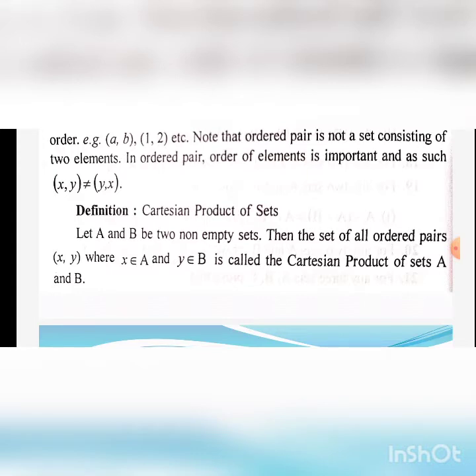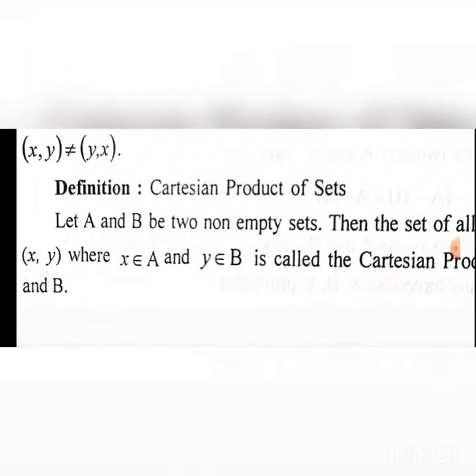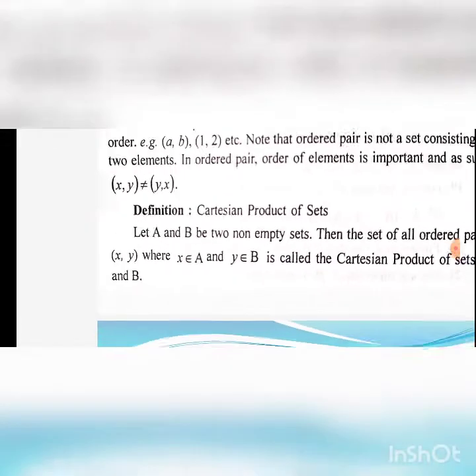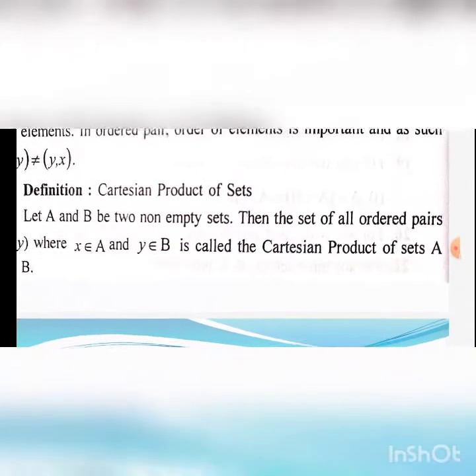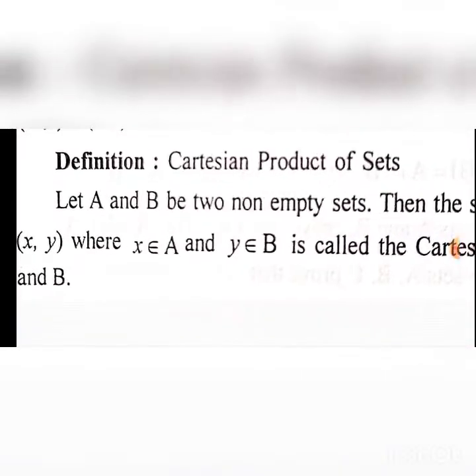Let A and B be two non-empty sets, then the set of all ordered pairs (x, y), where x belongs to A and y belongs to B, is called the Cartesian product of sets A and B. So you can see Cartesian product means what? The set of all ordered pairs of the sets A and B. Cartesian product of sets is denoted by this cross sign.